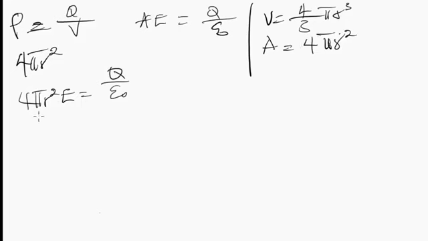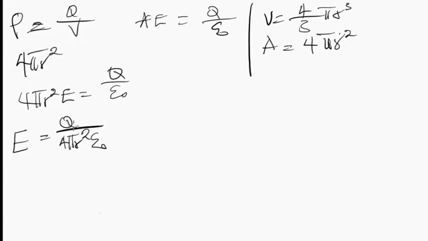So let's get back to this. Now, if we have this and we want to make E the subject of this formula, we are simply going to have E to be Q over 4 pi r squared times E naught.